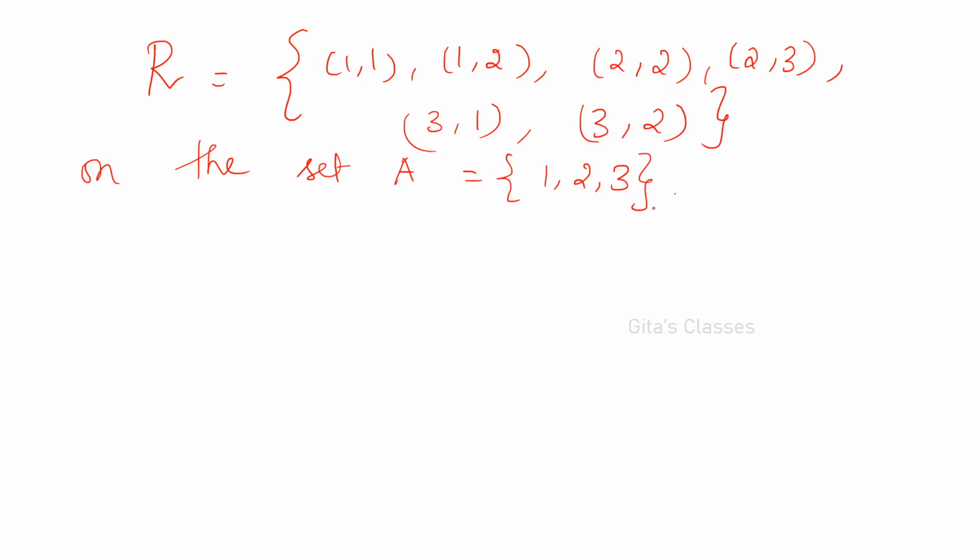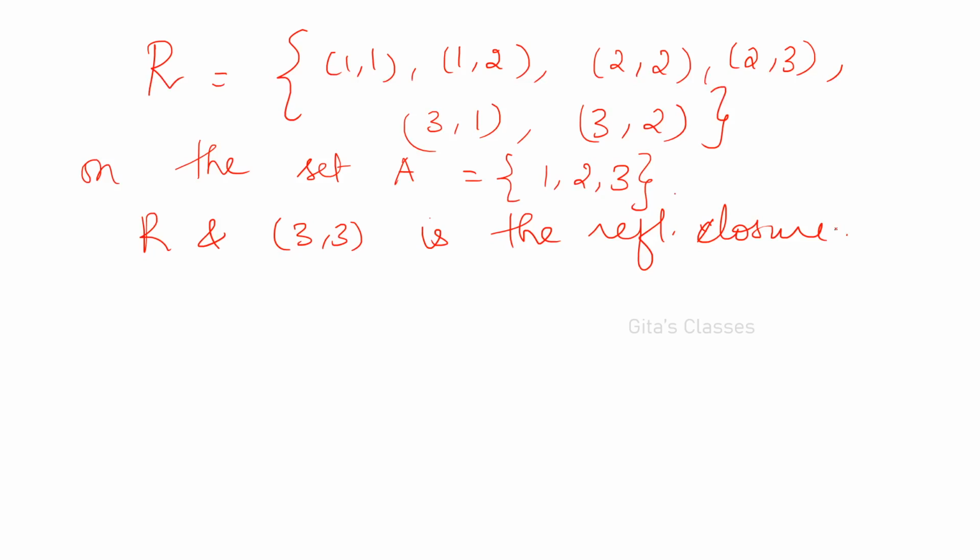This is the relation defined on the set A. Is it reflexive? It is not reflexive. So what is the reflexive closure for this? R union S, where if you add (3,3) to R, that is the reflexive closure.